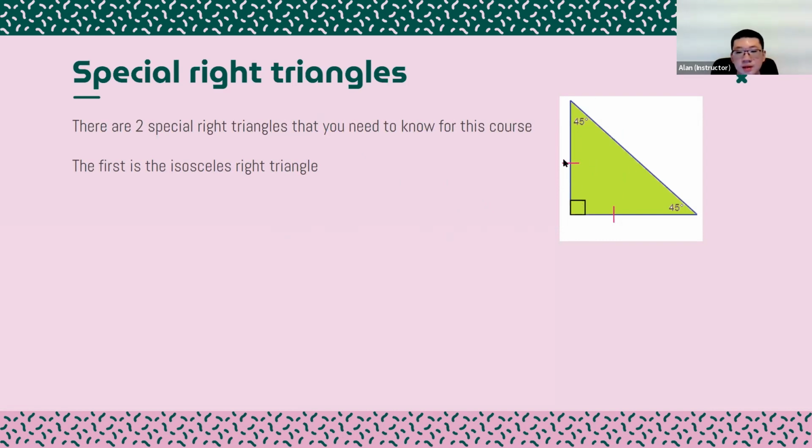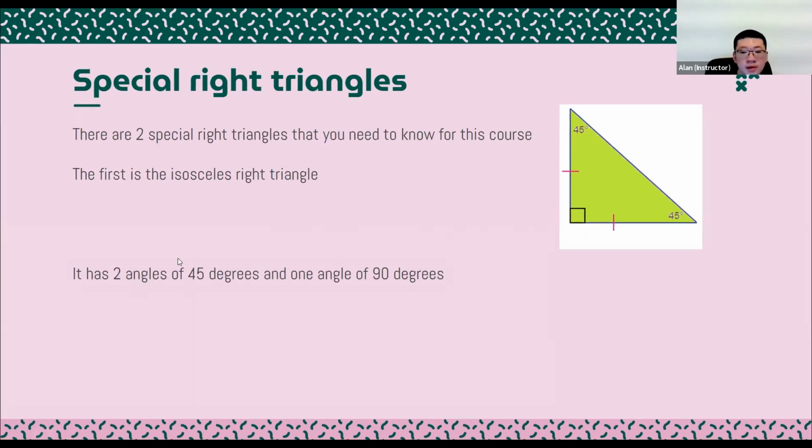So as you can see to the right, the two legs have equal length. And it has two angles of 45 degrees and one angle of 90 degrees. And you can get what the base angles are since you know that they're going to be complementary and they're also going to be equal to each other. So you know that 2x is going to equal 90, so each one is going to be 45 degrees.